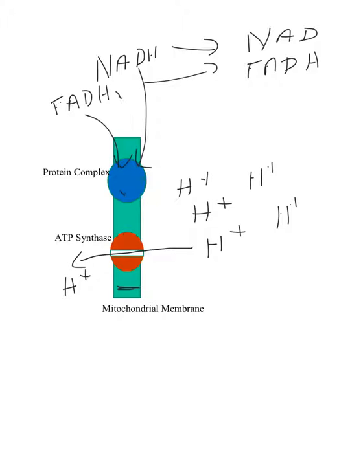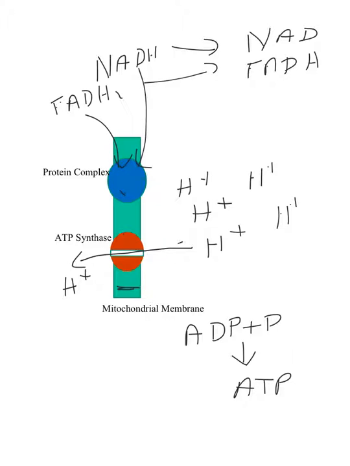Sounds a little bit like facilitated diffusion, because it is. Here we have a flow of charged particles going from high concentration to low concentration. We can use that flow of charged particles as an energy source, which will allow us to convert ADP and free phosphate into ATP.